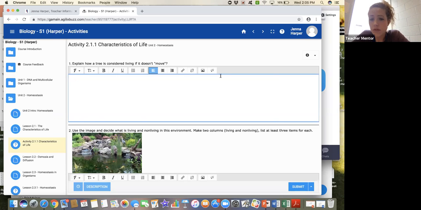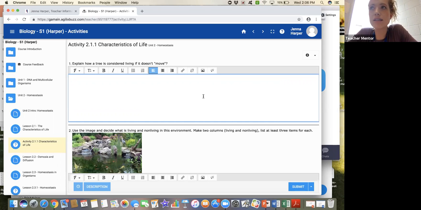Well, a tree is considered living because it is going to be taking in carbon dioxide from humans, and it's going to be giving off oxygen in a process we call photosynthesis.